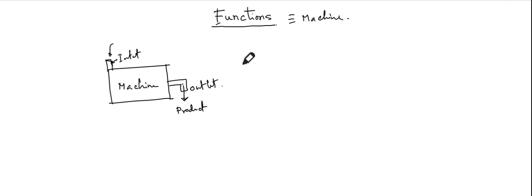Why? Because a function is a type of rule or correspondence between two sets. If we give an element to this rule, this function or this machine, then it will give us another product or another element b, which is from another set.